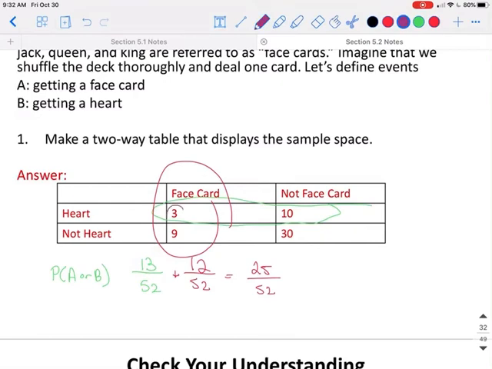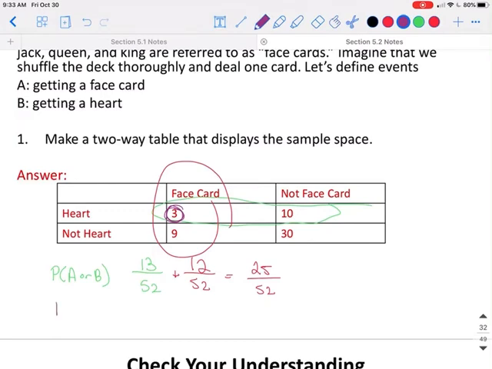But if you notice, we have circled this 3 twice. This means it has been counted in both categories. So we cannot just do A plus B, because it's possible for a card to be both a face card and a heart. So these are not mutually exclusive events.